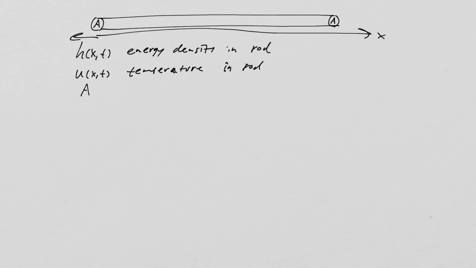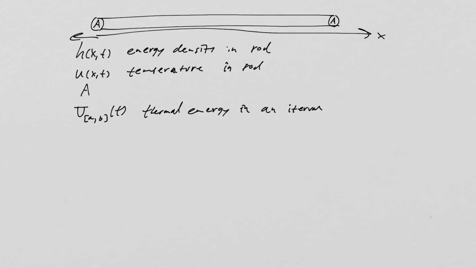So how we start this, the other thing we want to define is another thing, which is U_AB. And this is going to be the thermal energy in an interval.